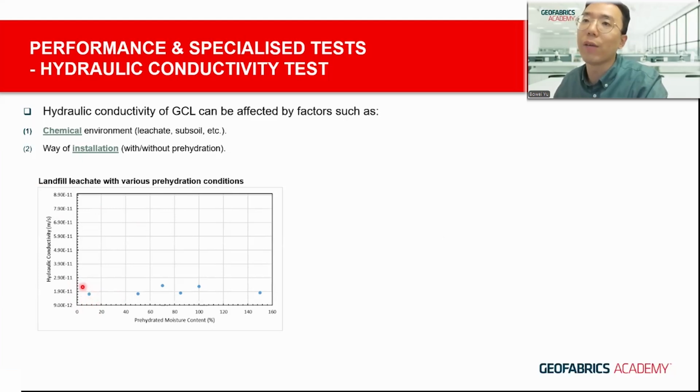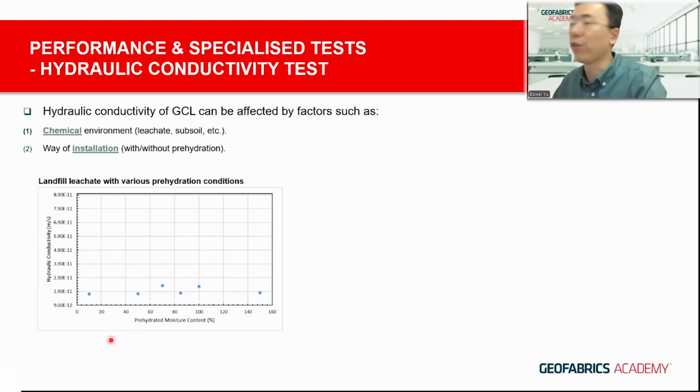So you could see from the very poorly prehydrated condition to a very well hydrated condition. Fortunately, our GCL performs quite consistently along the prehydrated moisture content variations, which is good news for us.